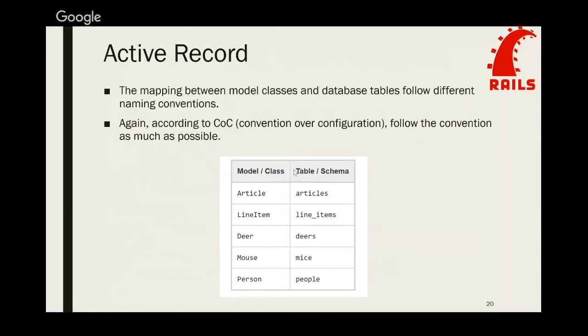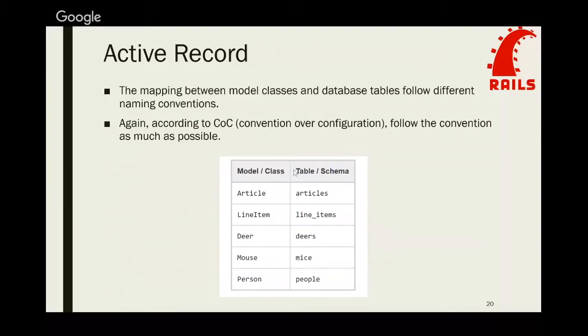Yeah. So they have conventions. They have conventions for the structure of the folders of your project repository. They even have conventions for the naming. To follow conventions, your database tables are usually in the plural form, something like articles or users or people.